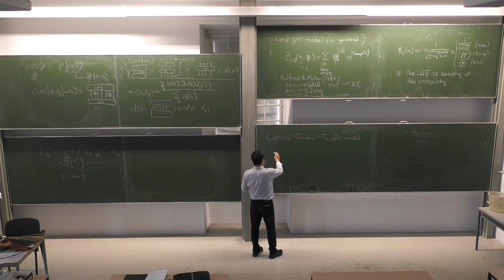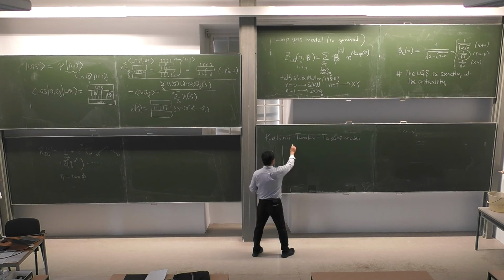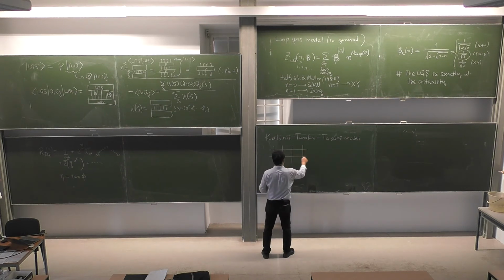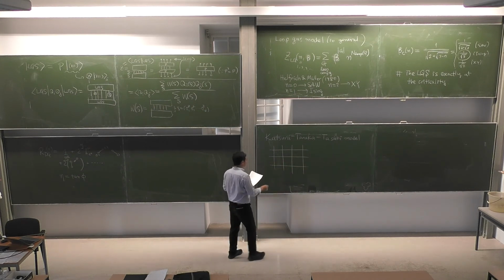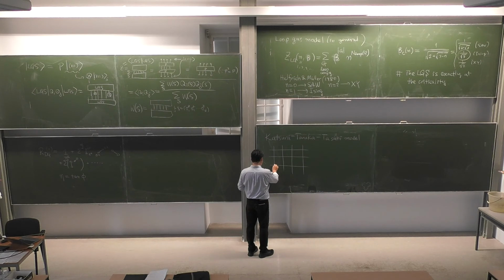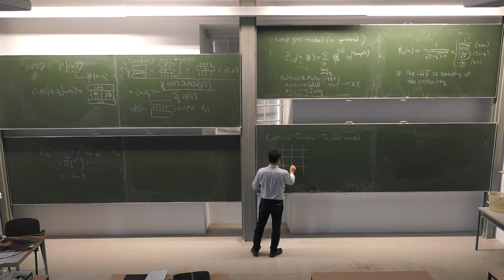Okay. The system is basically the Bose-Hubbard model with soft core. And basically, we consider a square lattice, but a decorated square lattice. So we have bosons defined on each corner. In addition, we have another species of bosons on the edge.